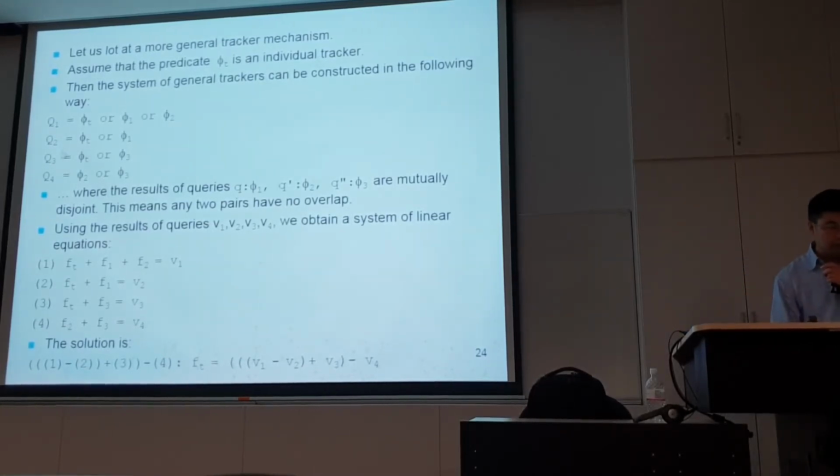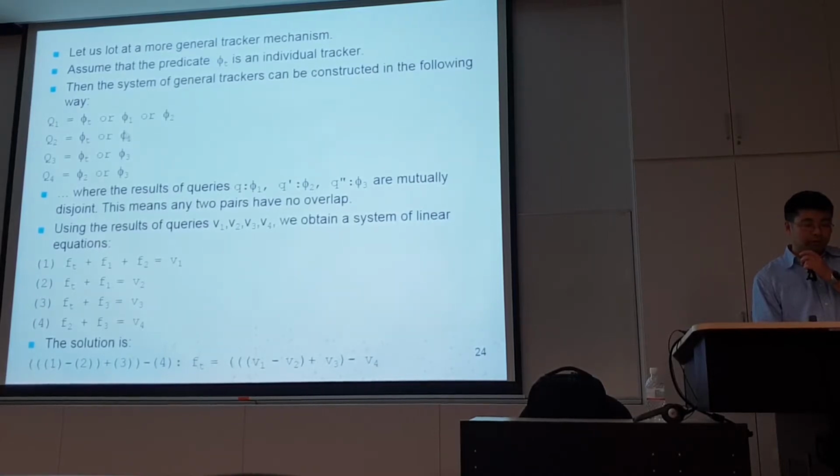So for example, you can do a query. This is what you want to target, but you can add something else, right? So you can add query 1 as QT or phi 1, query 2 is QT or phi 2, and then query 3 is QT or phi 3. Query 4 is phi 2 or phi 3. Like this. Eventually, the result will give you some equations, right?